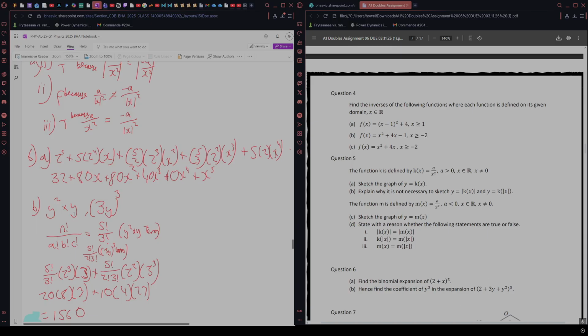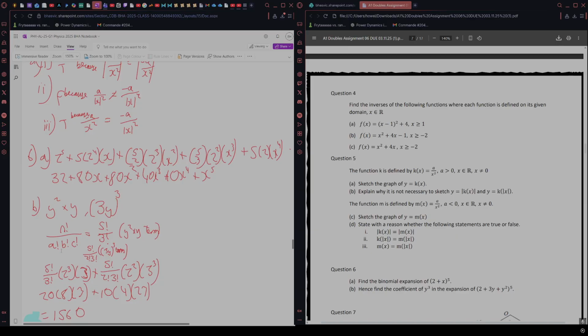For the first scenario, we know that n is the sum of all the powers. So for this scenario, n is 5 because it's the sum of the powers.